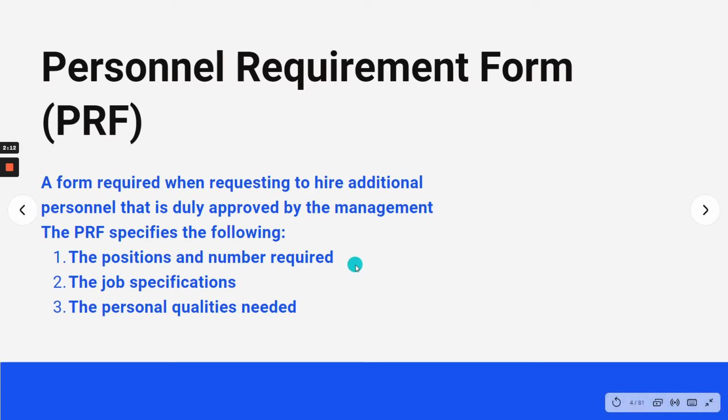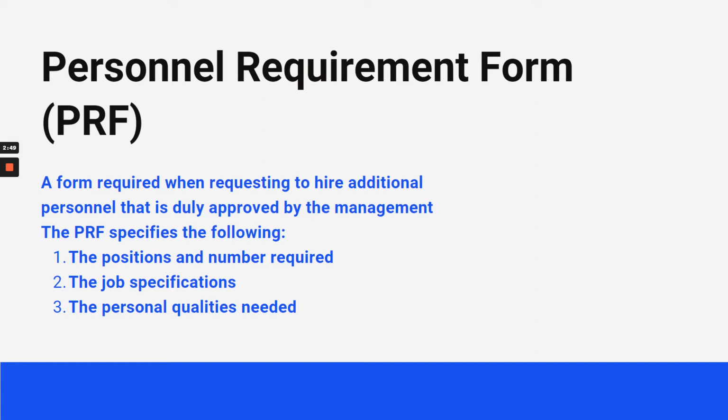In the form, you have to make sure that they include the following. First is the position and number required. So you put here, for example, we need a staff, and then how many, so one or two. Job specification: a staff that is going to receive and send outgoing messages and emails, set meetings, do bookkeeping, do filing, etc. Then the personal qualities needed for a worker to do the job.